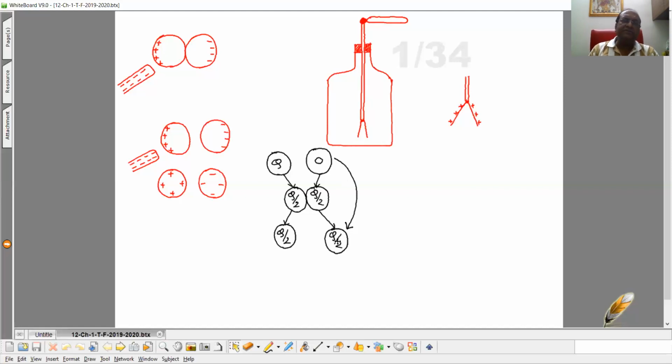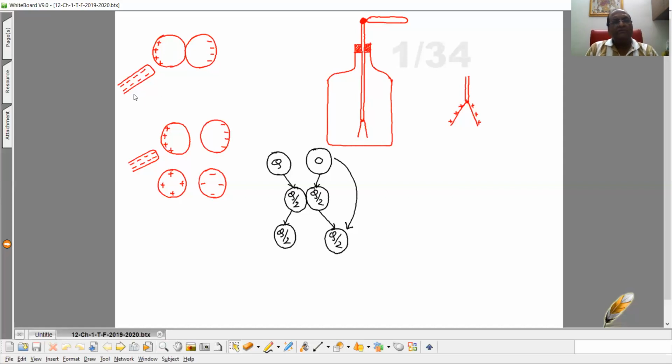See, suppose we take two spheres as shown in this figure. They are electrically neutral. Electrically neutral means net charge is zero. But charges are there in it. Positive charges are there, negative charges are there, but the net amount of charge is zero means the total amount of positive charge and total amount of negative charge in it, that is same.